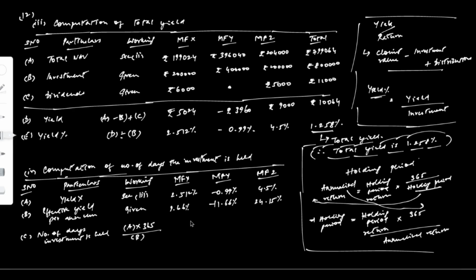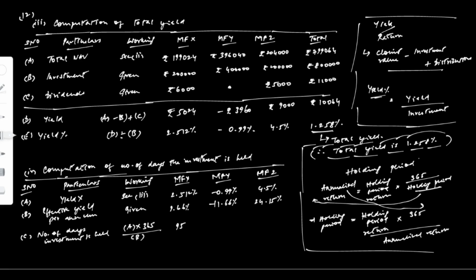Okay. So let us calculate. For X it will be 0.02512 into 365 by 0.0966. So it is 94.9, that is 95 days. Okay. Next, minus 0.99% into 365 by minus 11.66%.